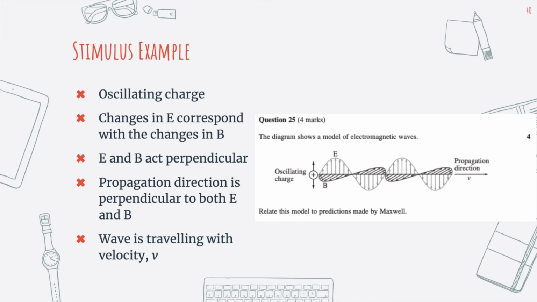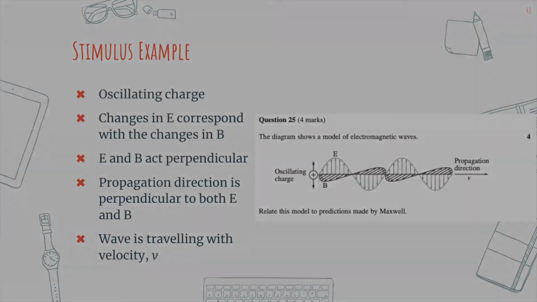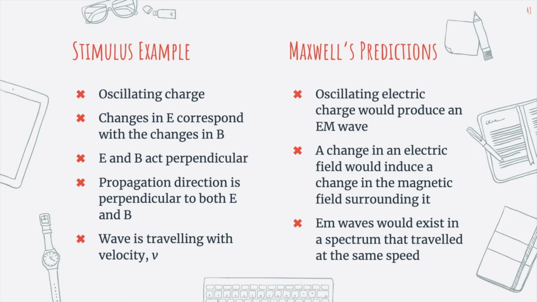We see that the electric field and the magnetic field are acting perpendicular to each other, and that the propagation direction is perpendicular to both of these as well. Finally, on the right hand side, we can see that the wave is traveling with a velocity denoted by the letter V.